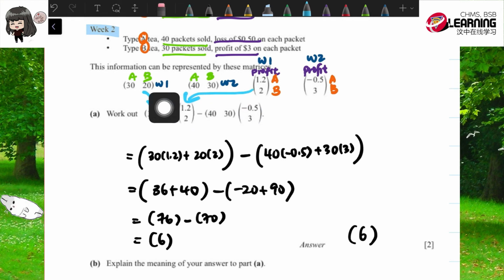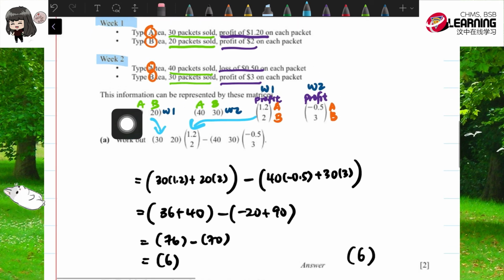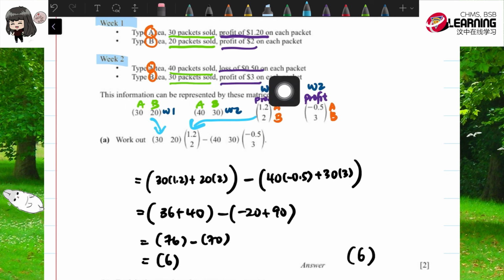What are you actually finding when you times and plus this one? This is the number of packets of A and B, right? This is type A and type B profit in week 1. Okay, so when we times and we plus with this, it means that we are actually finding the total of the profit. Total earning, okay?